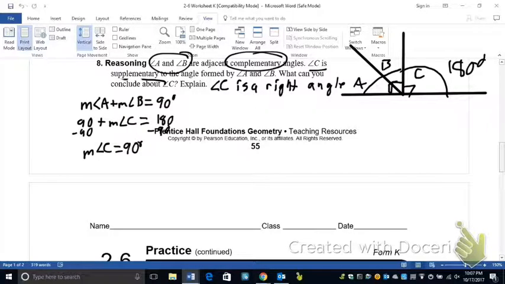Okay? And again, we can do that because we know the measure of A plus B equals 90 degrees. We then know that 90 plus C equals 180. We can subtract 90 from both sides and we get the measure of angle C equals 90. Since a right angle has 90 degrees, and a 90-degree angle is a right angle, we can just say angle C is a right angle.